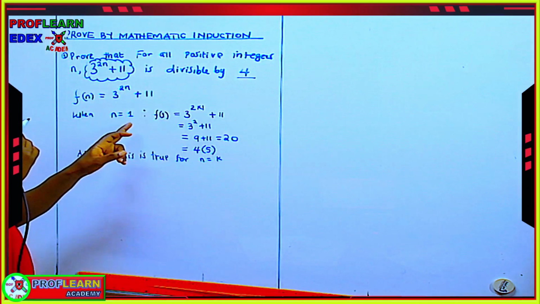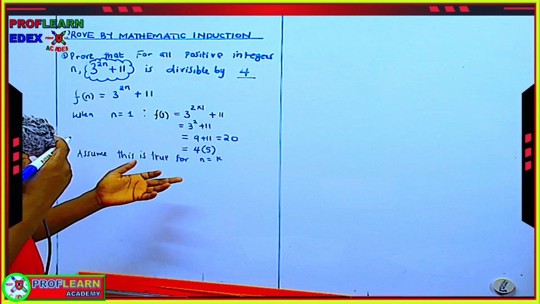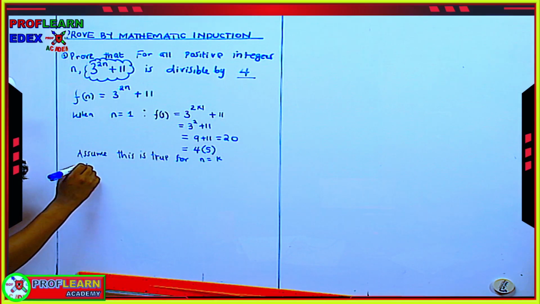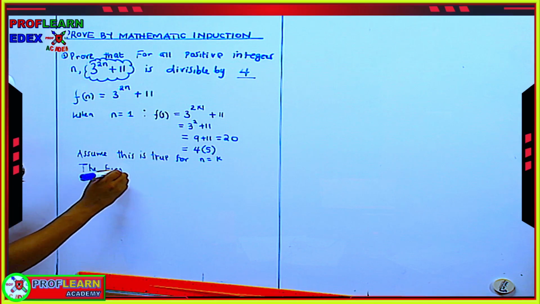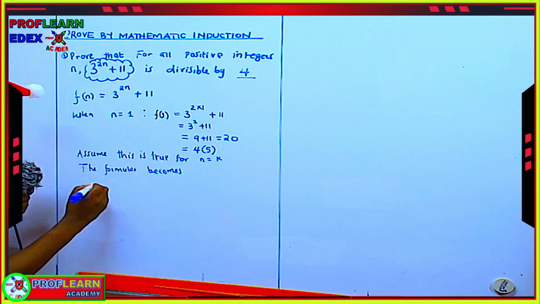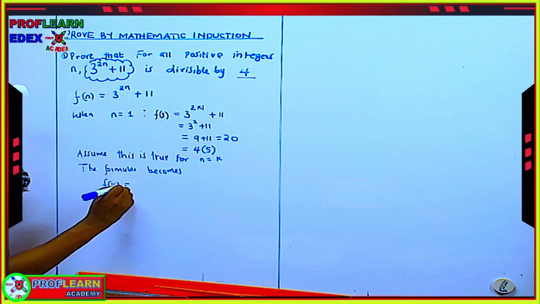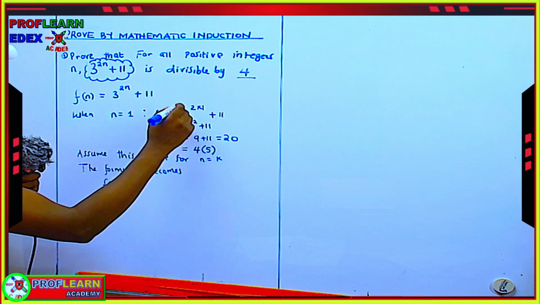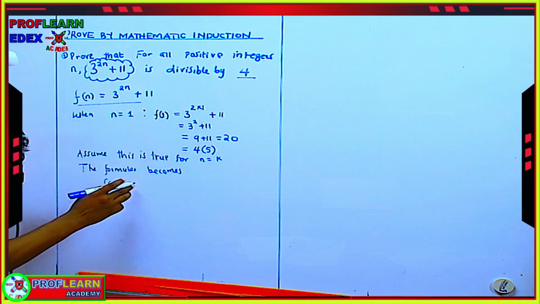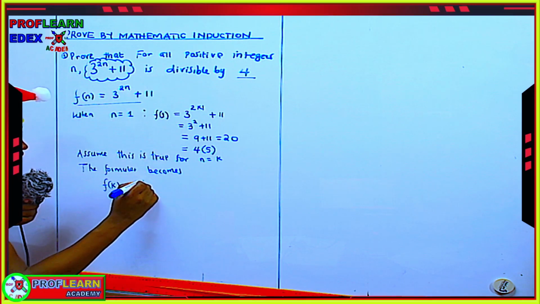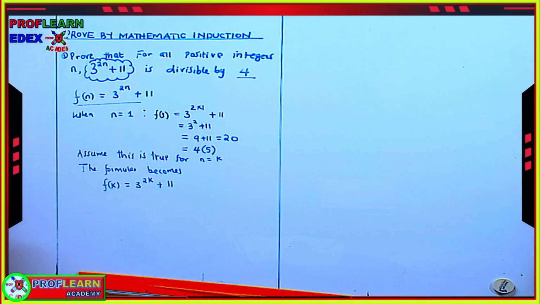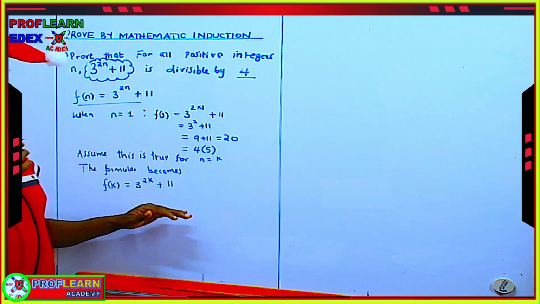We're going to assume that if it's true for n, it's true for k. So the formula becomes f of k is equal to, anywhere we have n, we substitute k, so this is going to be 3 to the power 2k, then plus 11. This is the assumption stage.